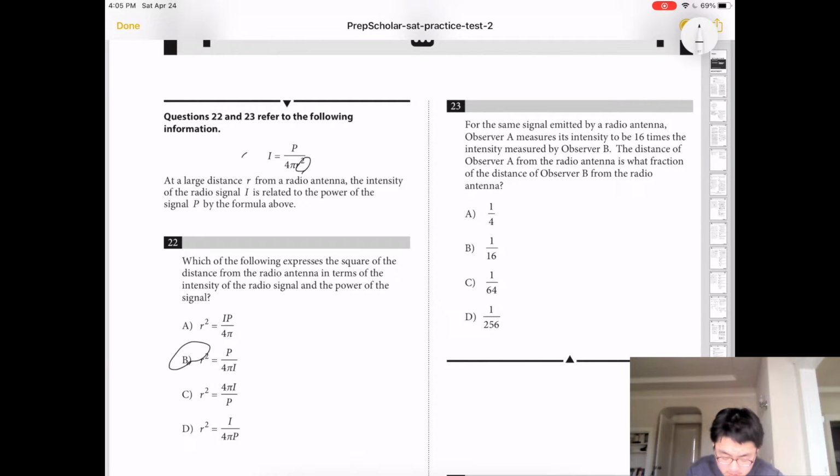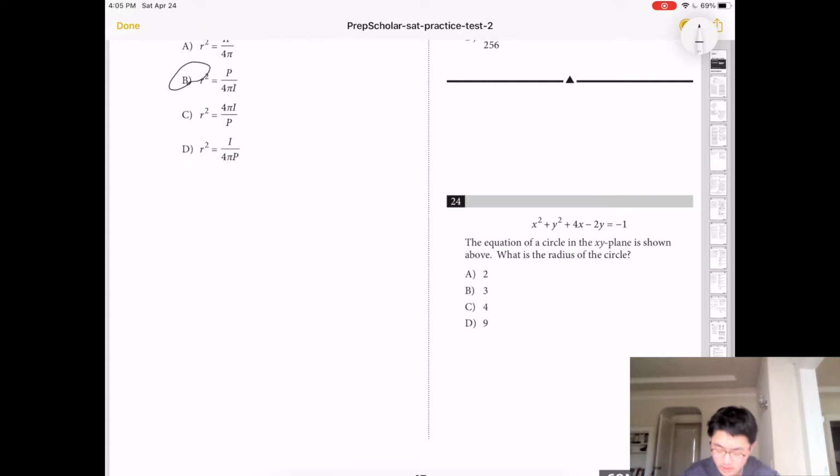Okay, so if the intensity is 16 times, then R would have to be 1/4, because 1/4 squared is 1/16. So the answer would be A, radius of the circle.